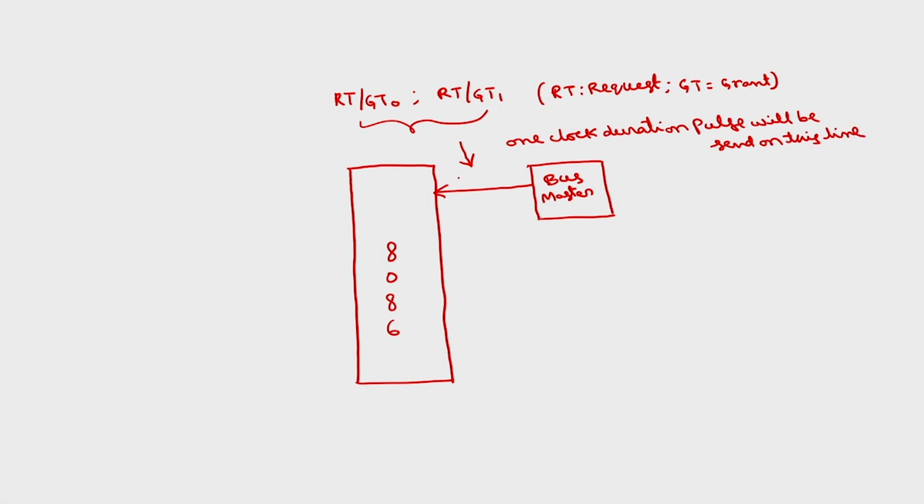This can be request by grant 0 or request by grant 1. Between these two, RQ by GT 0 has higher priority than the other one.